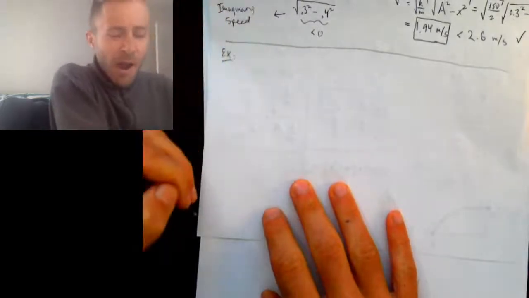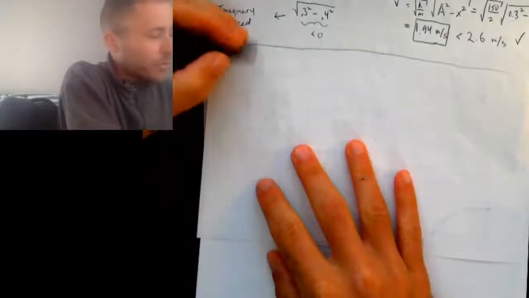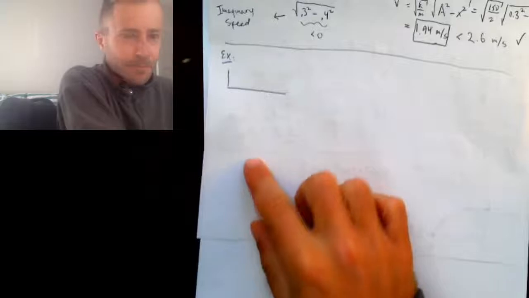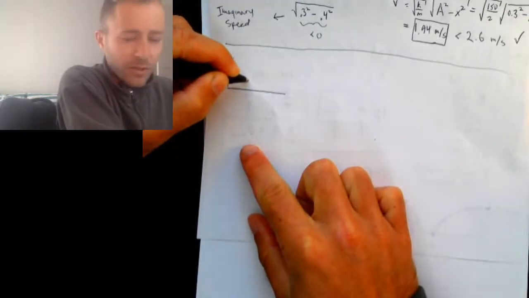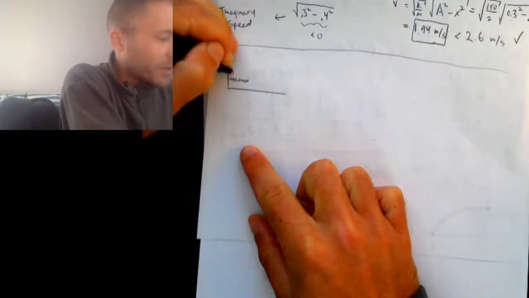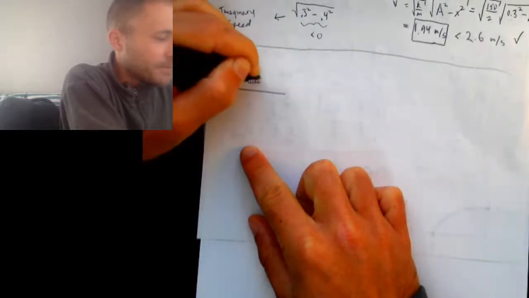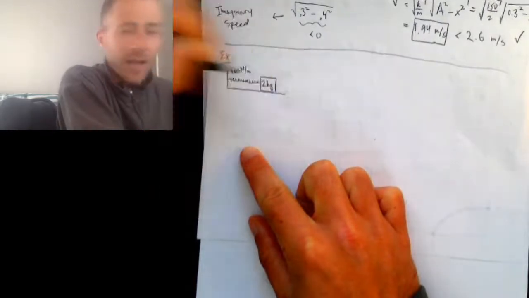Suppose we have a mass that's connected to a spring. The spring has a stiffness of 100 newtons per meter, and it's a 2 kilogram mass.